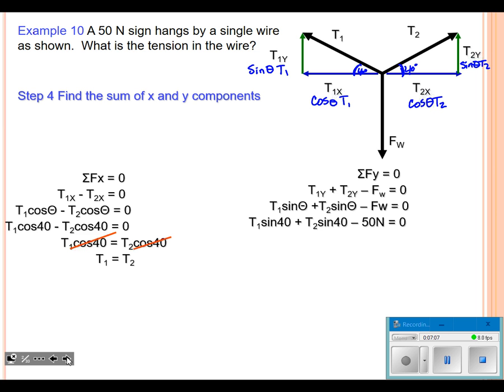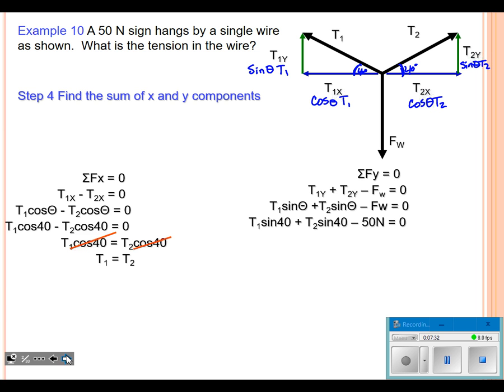We can then substitute in some known values. We know the angle to be 40 degrees, and we also know the weight force to be 50 newtons because we were told in the actual question that it was 50 newtons. We also know one more thing. We know that T1 is equal to T2, and right now I have two unknown variables. I can't solve for two unknowns at one time. So I have to make sure that I'm only trying to solve for one.